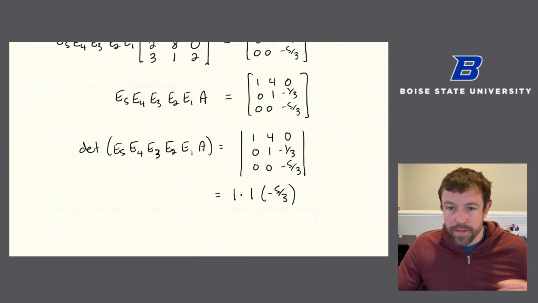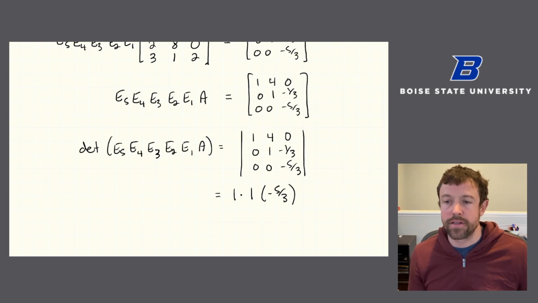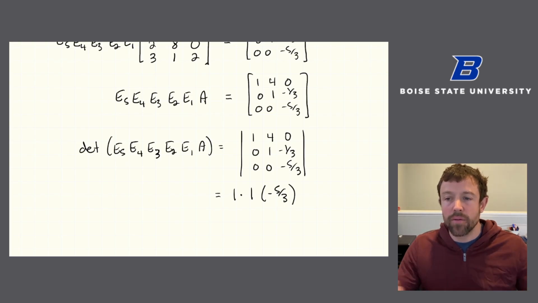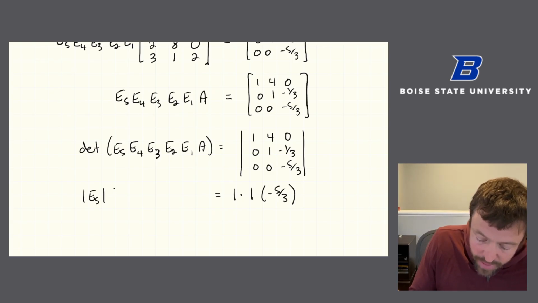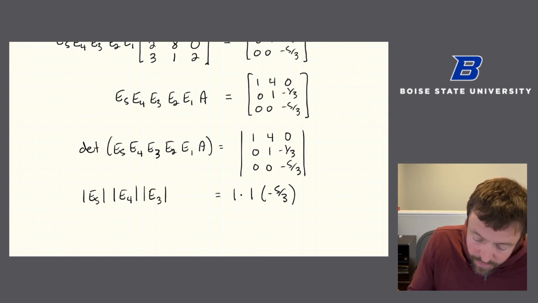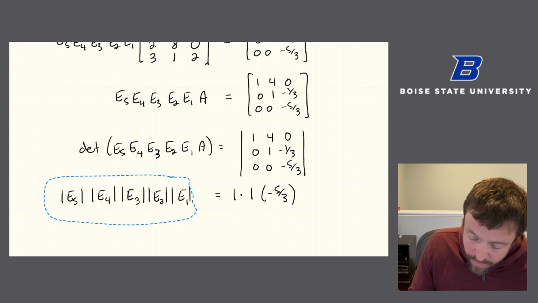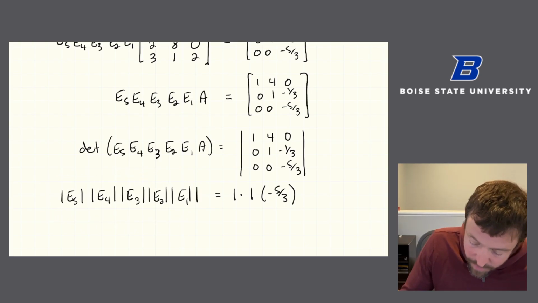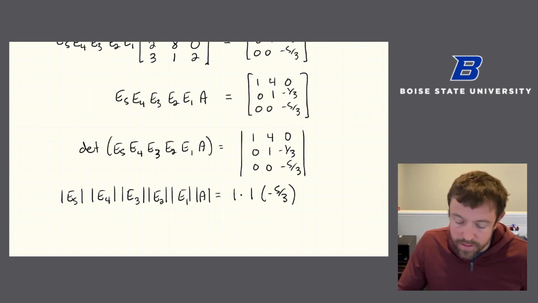What happens on the left-hand side is that the determinant is multiplicative, and we've always written that as the determinant of a product of two things, but that quickly translates to a product of however many things you want. And so the determinant of this product is the product of the determinants. And we know what all of these determinants are.